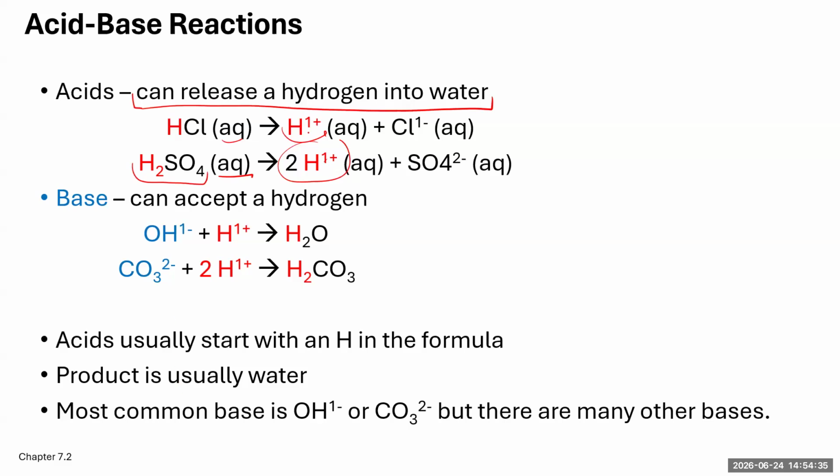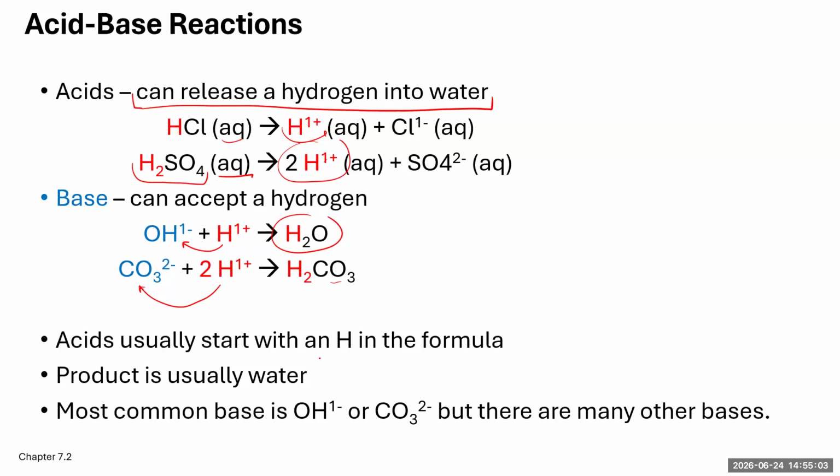They can take a hydrogen. So if you look here, this hydroxide, this OH, was actually able to take that hydrogen, and now it's H2O. This carbonate was able to take 2 hydrogens to make it H2CO3, which is hydrogen carbonate or carbonic acid, right?